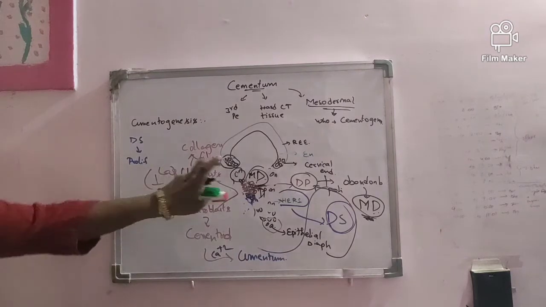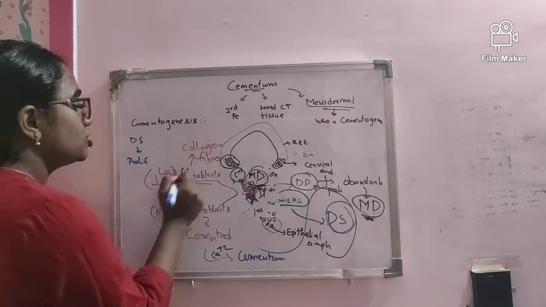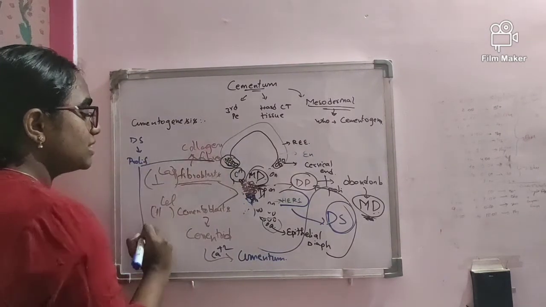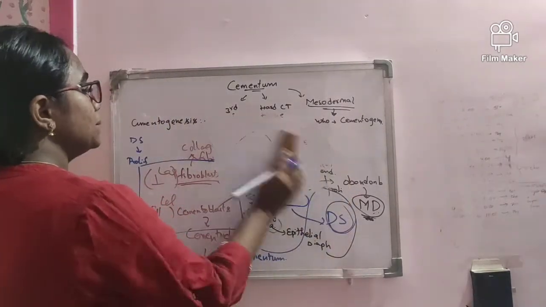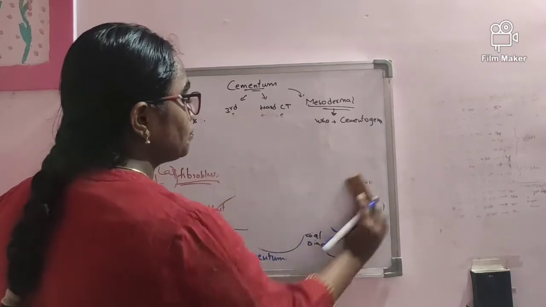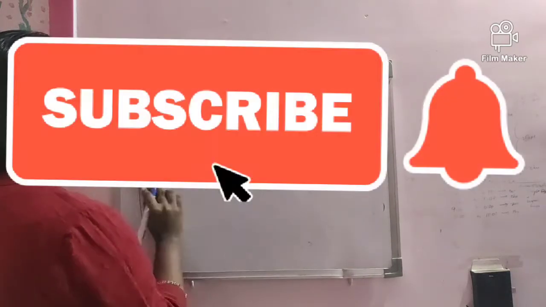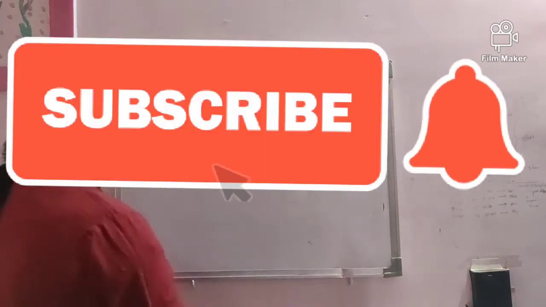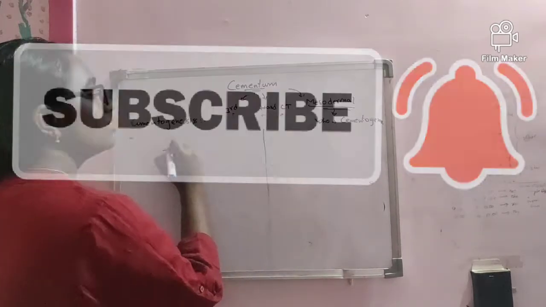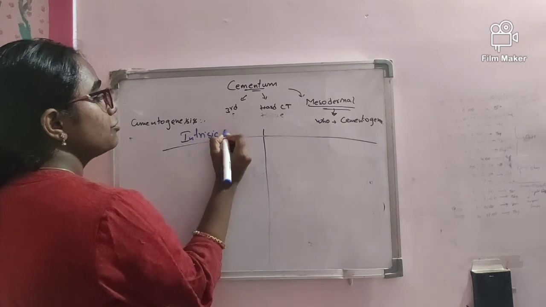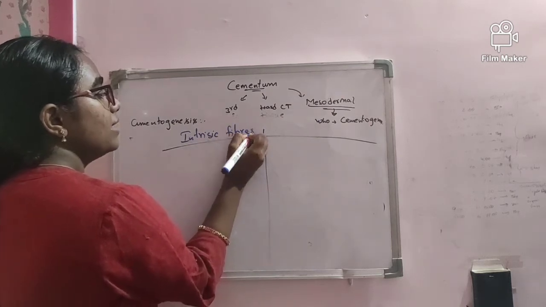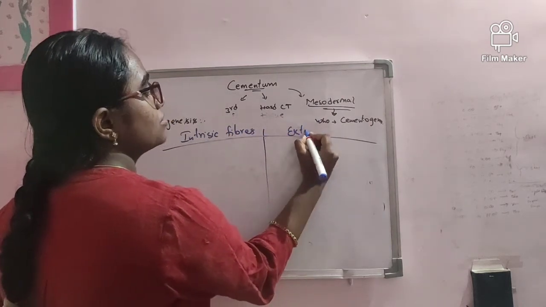So this is the process of cementogenesis. So we say the fibroblasts and cementoblasts give two types of fibers, because of different fibers they are differentiated into two, called intrinsic fibers and extrinsic fibers.